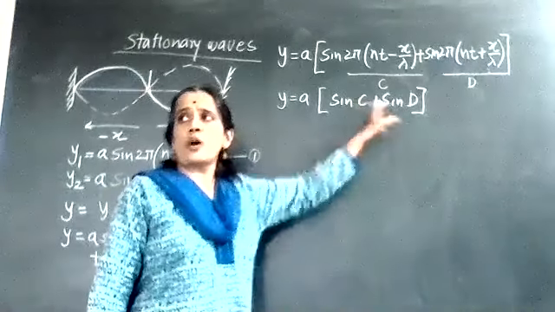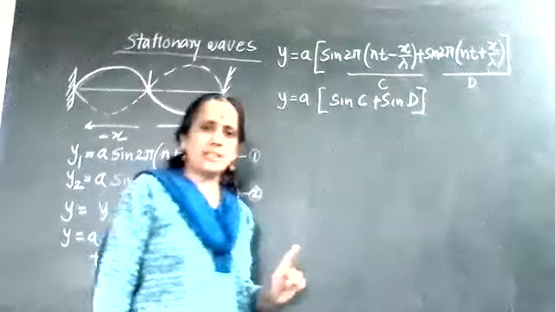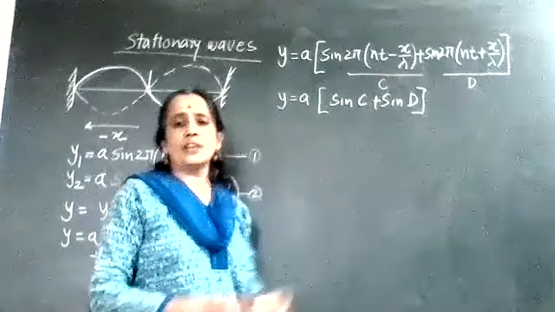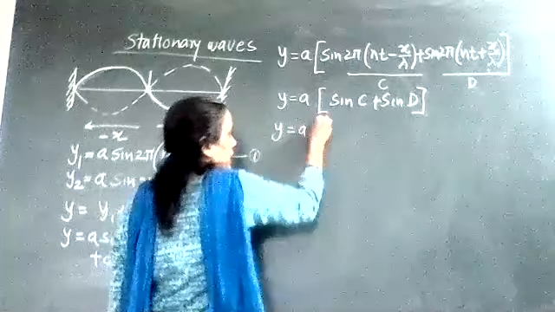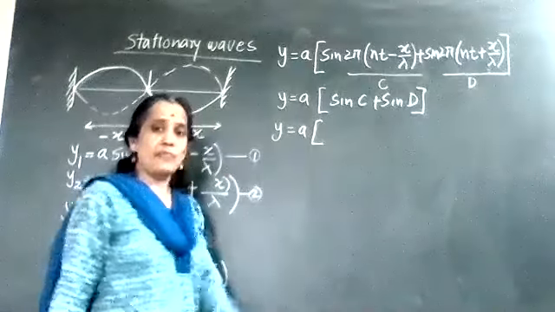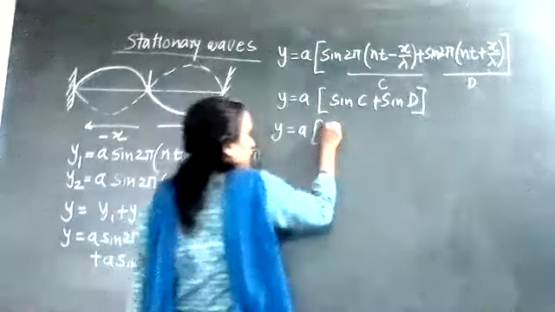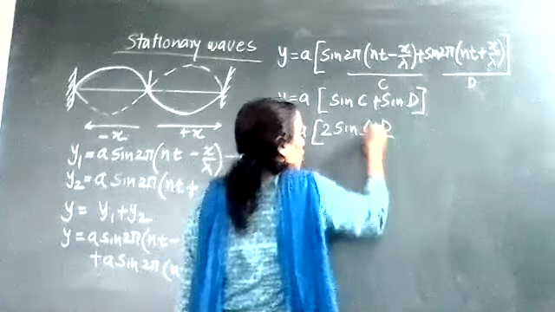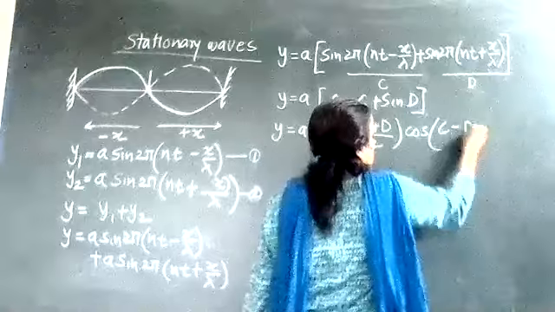Now it is sin c plus sin d. So now you have to solve a trigonometric expression. In mathematics, you have seen this identity: sin of c plus sin of d. If you are remembering that identity, sin c plus sin d can be written as 2 sin of (c plus d) upon 2 into cos of (c minus d) upon 2.